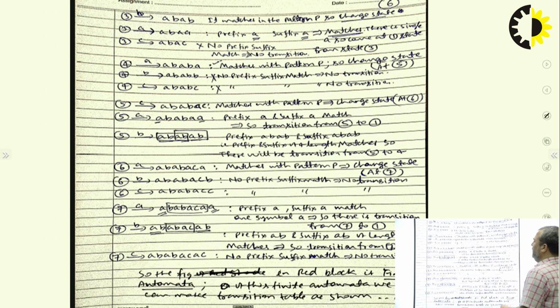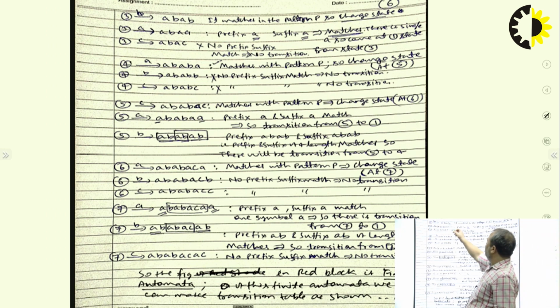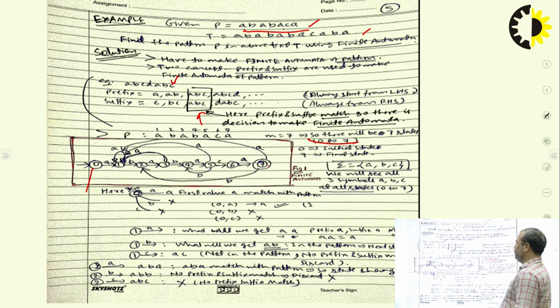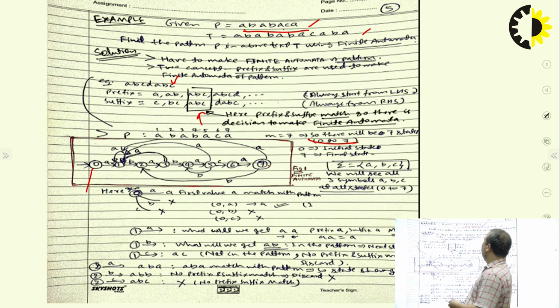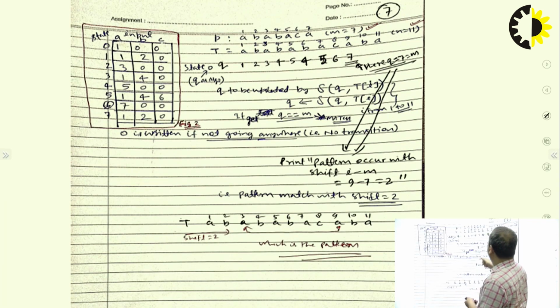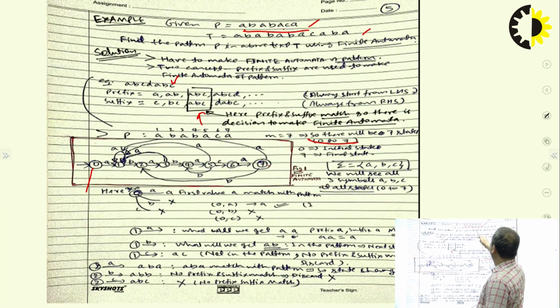Similarly, from the third state, where the string becomes ABA, we see all three symbols A, B, C. From ABA, if we input B, it becomes ABAB, and yes, there is a match.